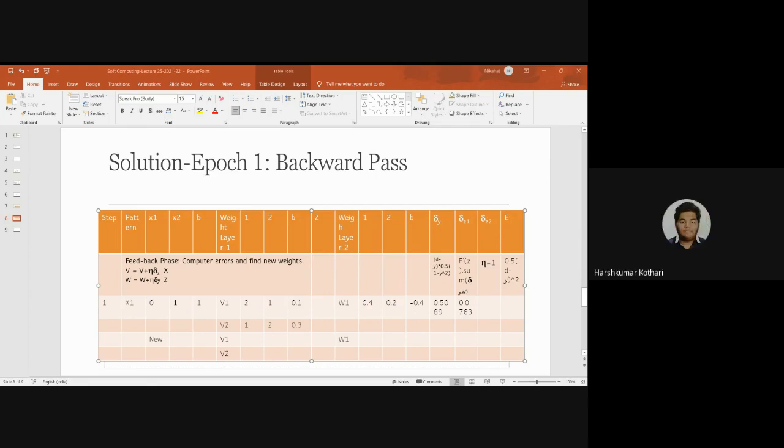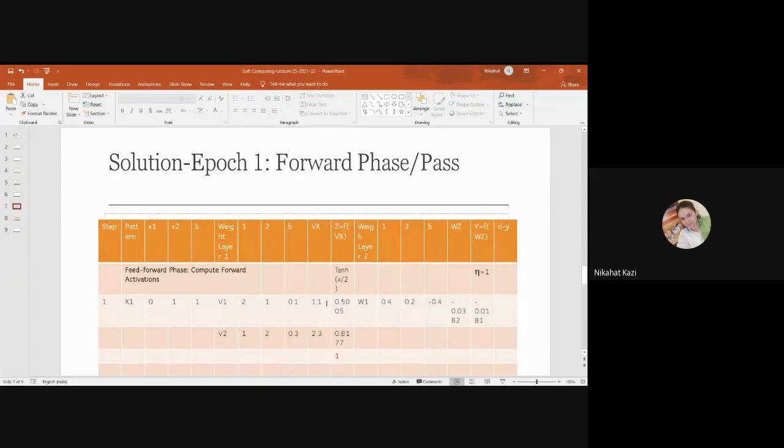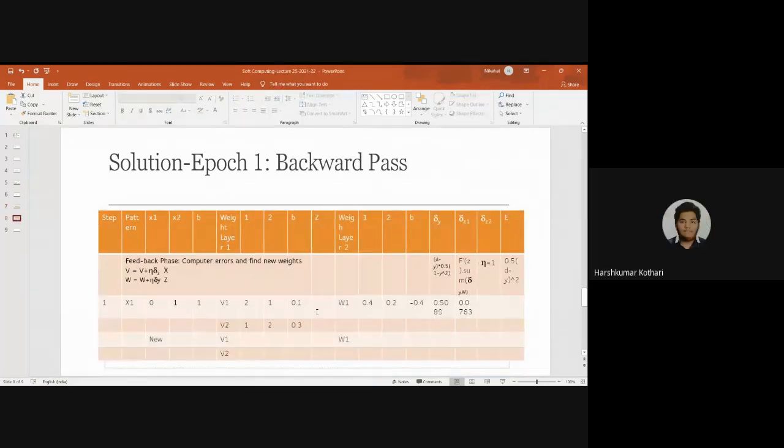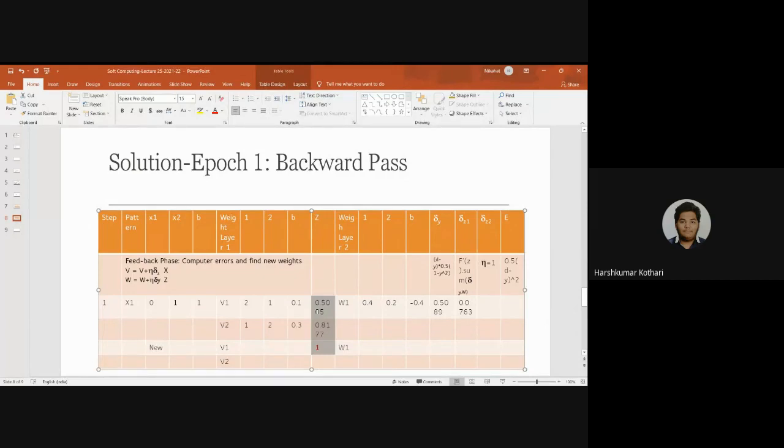एफ डैश ऑफ जेड क्या लिया आपने? मुझे वो नहीं समझा. f dash of z, no? F dash of z is this, no? Okay, z I have not written you. Sorry. These values, no? Z. तो उसका वापस tanh/2 कर देने का. नहीं, उसका वापस नहीं. ये वैल्यूज है, इसका हाफ 1 माइनस z स्क्वायर. ओके ओके ओके.